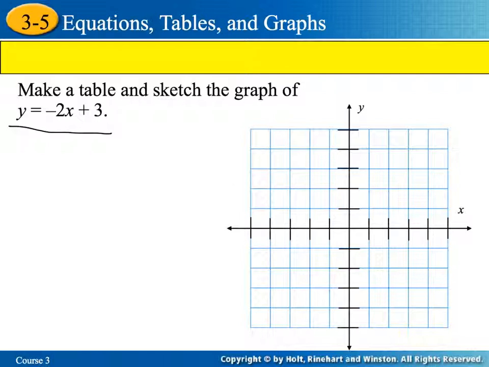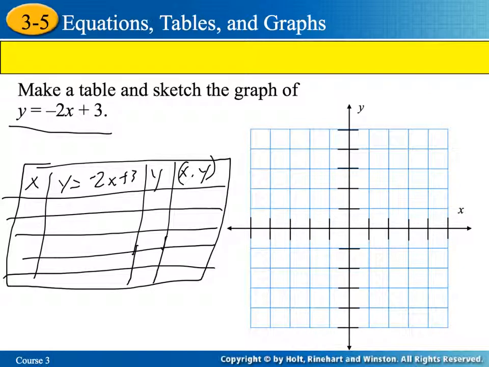All right, so remember, we get to come up with our own points for x. So here's our table. It looks like this. And then we have our x's. I am going to use negative 1, 0, 1, and 2. Again, use 4 points. So what I do is I plug in negative 1 for my x.